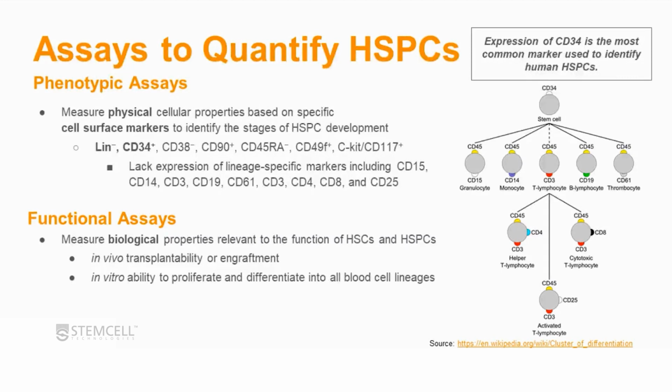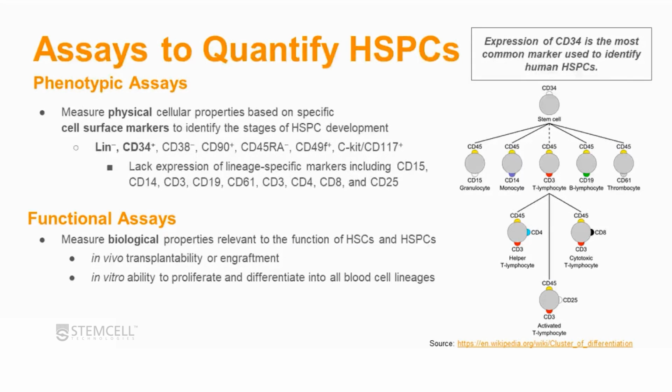Better than a phenotypic assay, especially when you're trying to prove something, is a functional assay. There are a couple of properties of hematopoietic stem and progenitor cells that really define those populations and allow us to measure them based on those functions. And again, thanks to 40 years of research, that has shown us what those are. For hematopoietic stem cells, that's really an in vivo transplantability or engraftment assay, because our expectation is that the hematopoietic stem cell can engraft a compromised host.